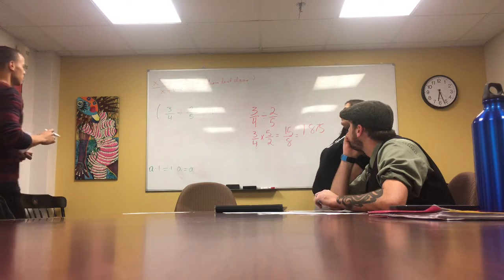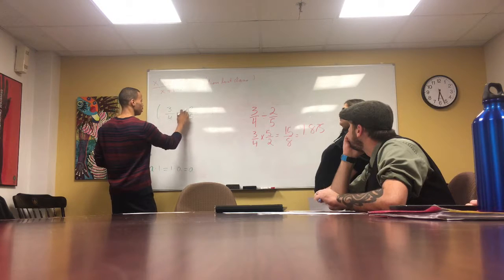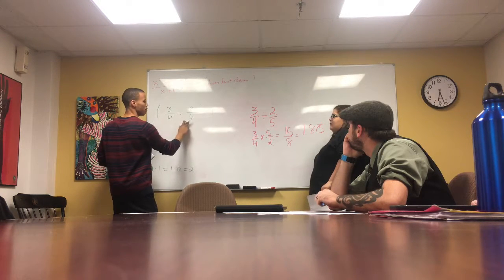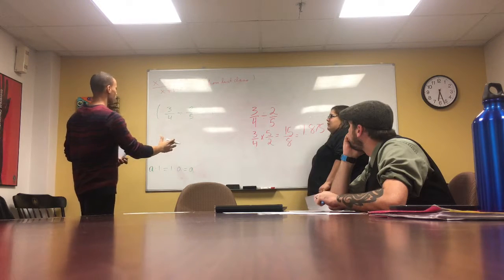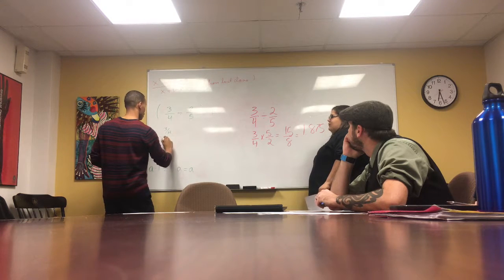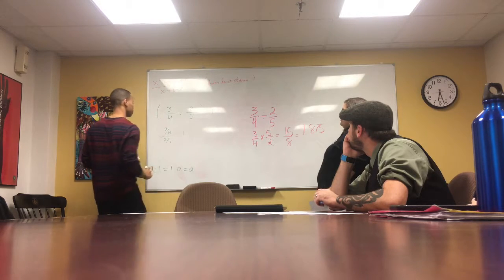Now, the problem is, you cannot divide 3 by 2, you cannot divide 4 by 5, right? So what you wanna do, I'm gonna write this another way. 3/4 divided by 2/5. Then again, you wanna multiply by 1.